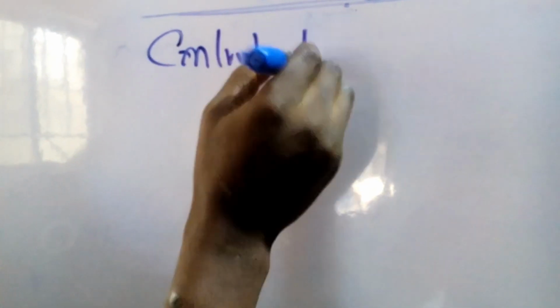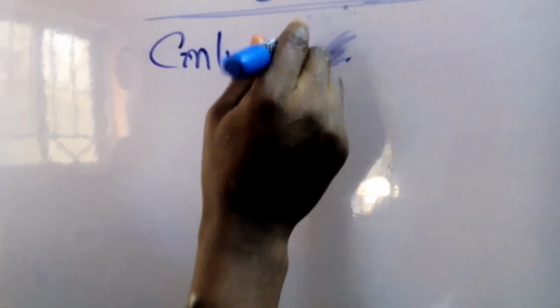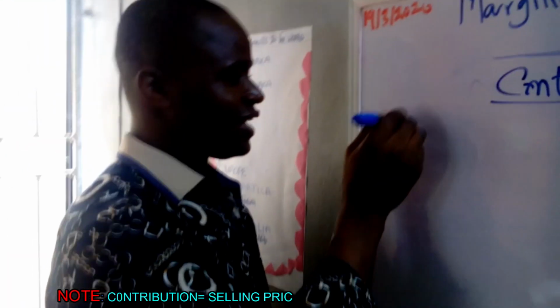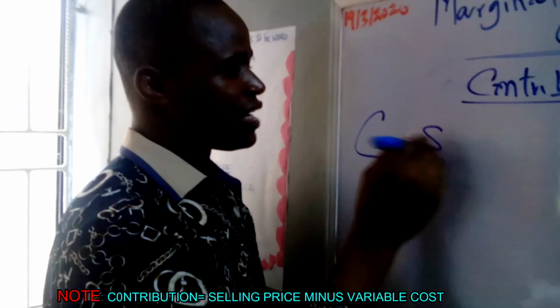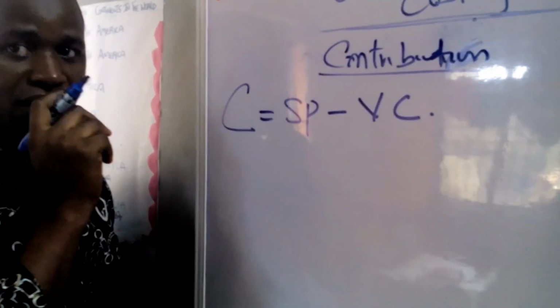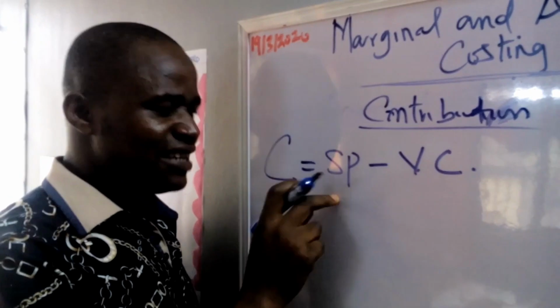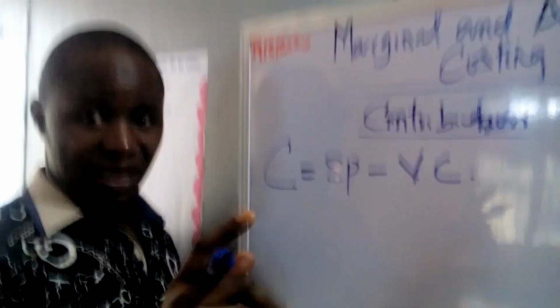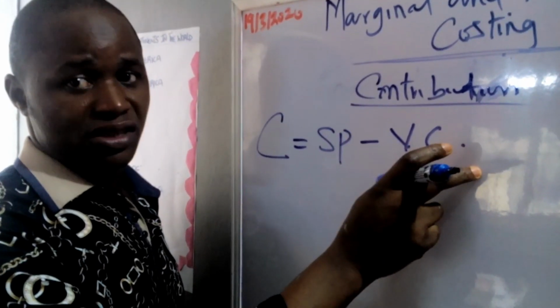Okay, let's look at contribution in full now. Contribution, like we said, C equals selling price minus variable cost. Are we there? You will be given the selling price in the question and the variable cost.